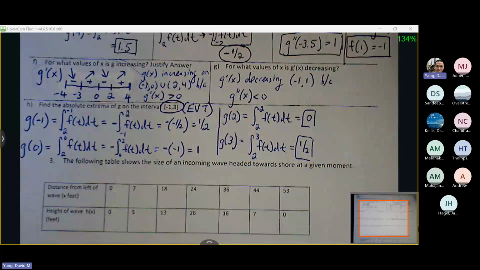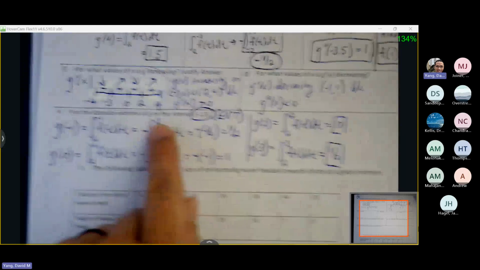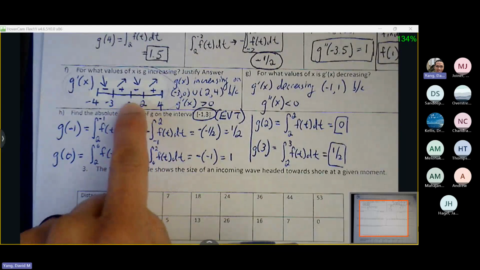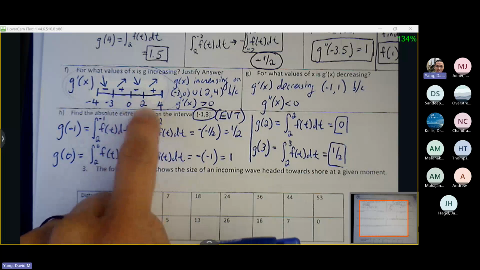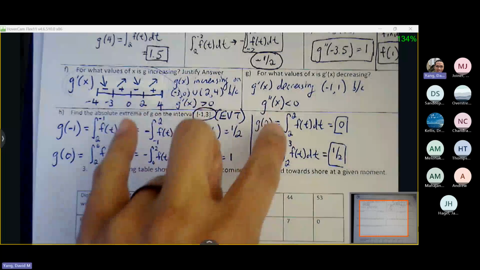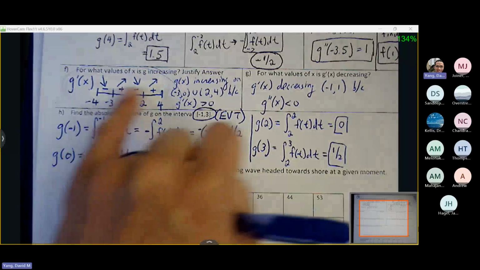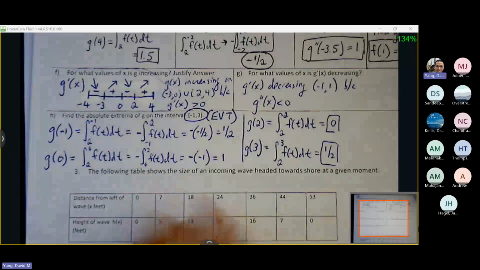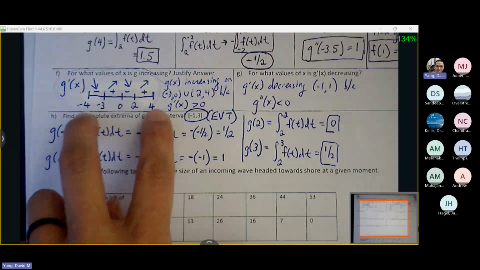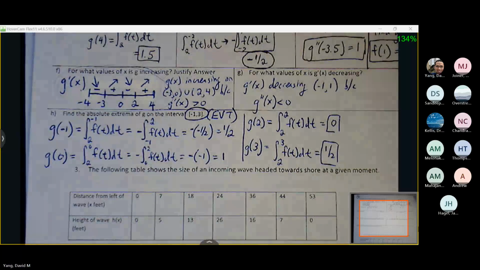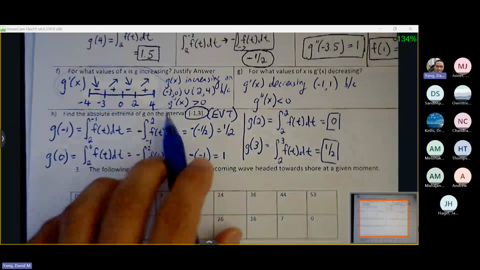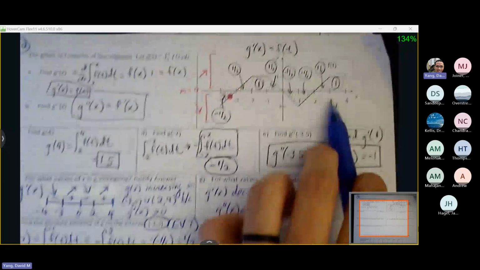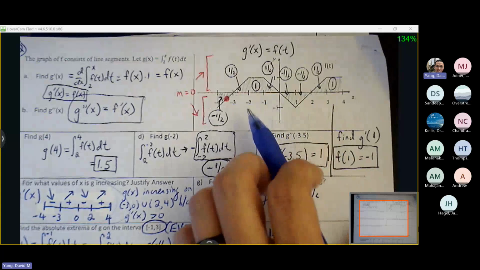You test G of 1. Did I not test G of 1? Oh, I didn't test G of 1 because it didn't show up in my sign line. So, I mean, you could, but I would say just do what you see in your candidates list. 3 was not on the sign line because it was not a critical point from our G prime sign line.